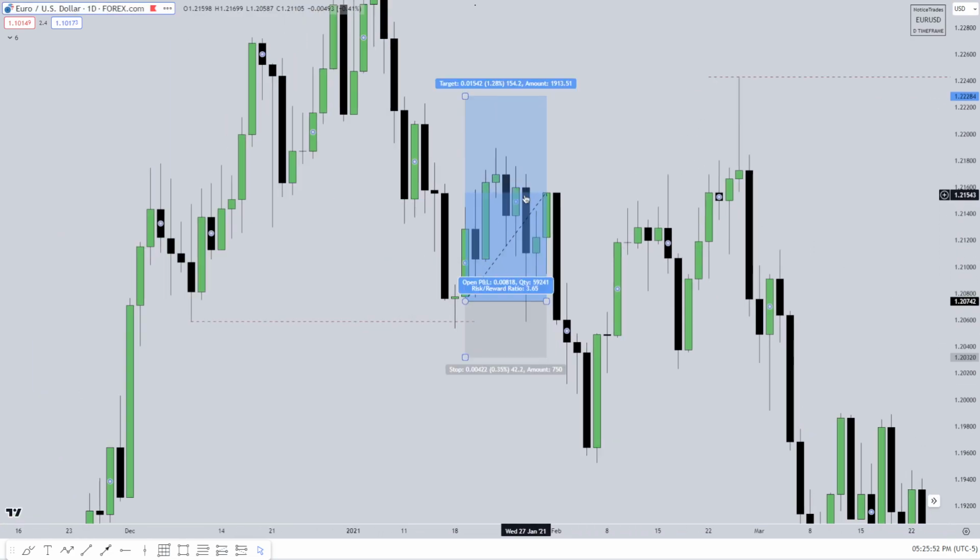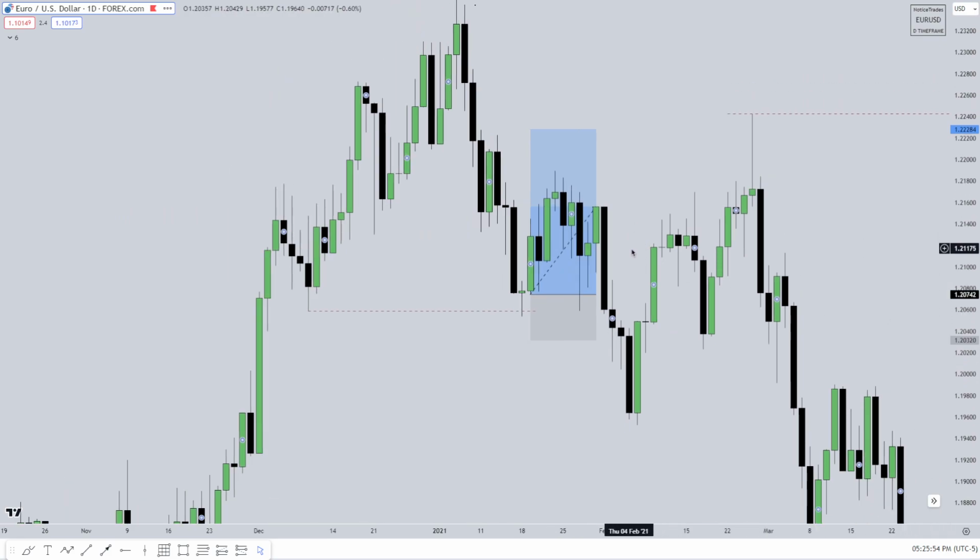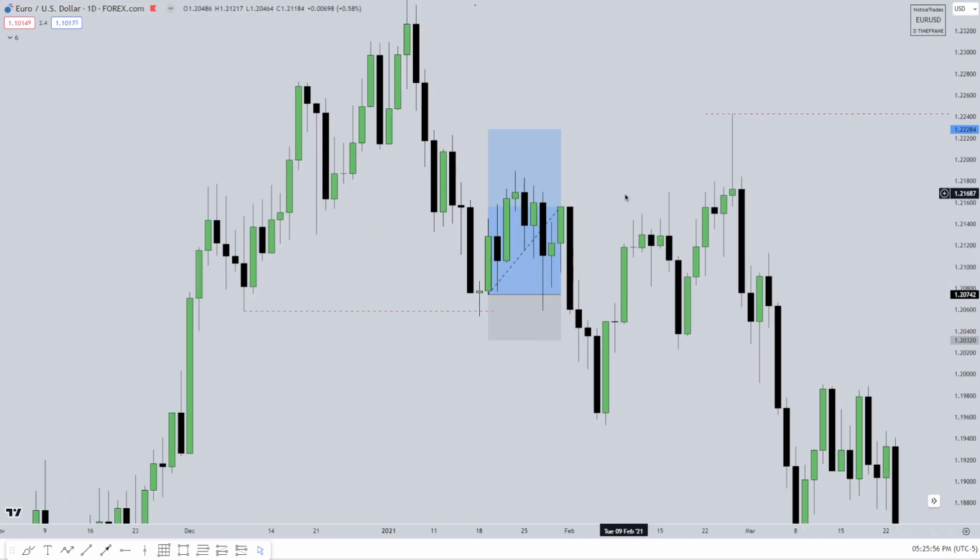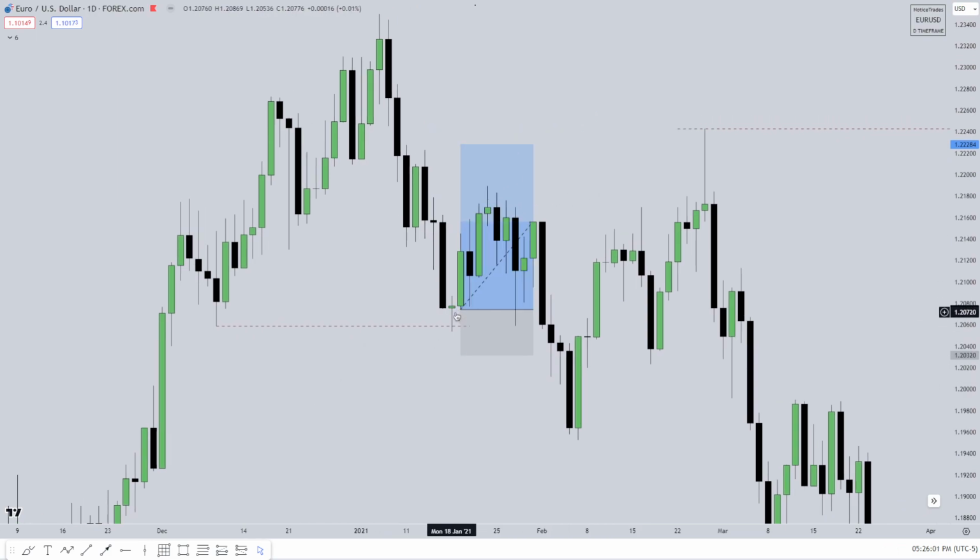Sometimes you'll get these to play out, but in cases you don't, this is when you go break even, you take partials. So if I was in this trade and I was looking at it as it was playing out, let's say I was checking it one day or some hour of the day, and I see price is in my direction, but we start to get a pullback here.